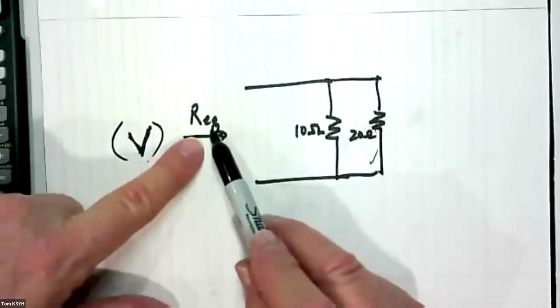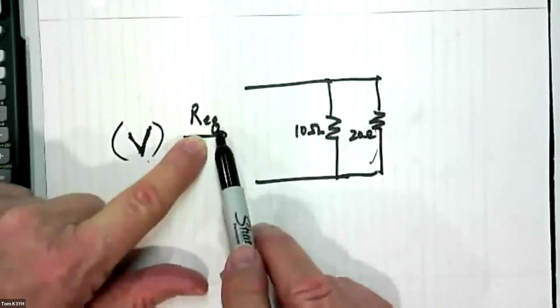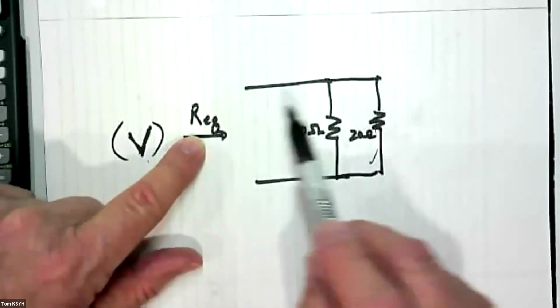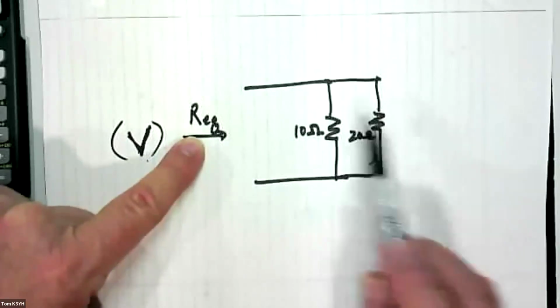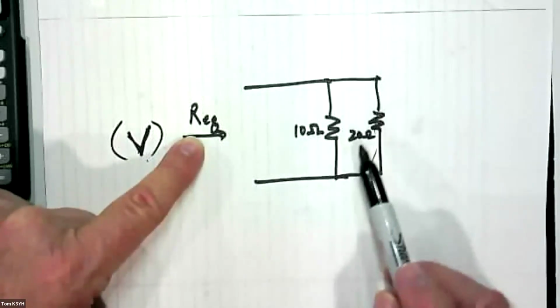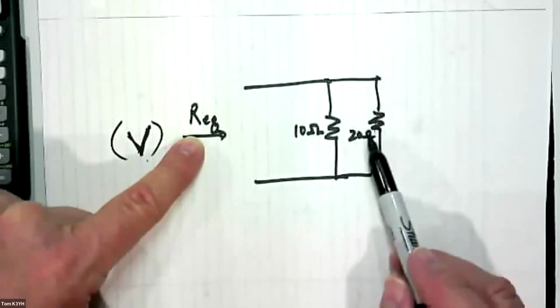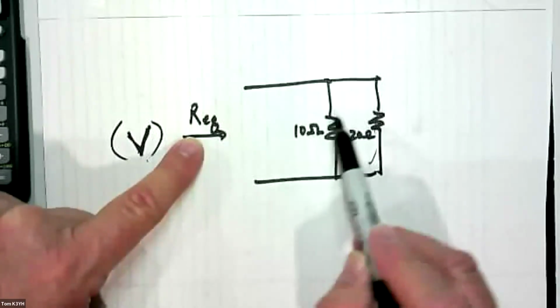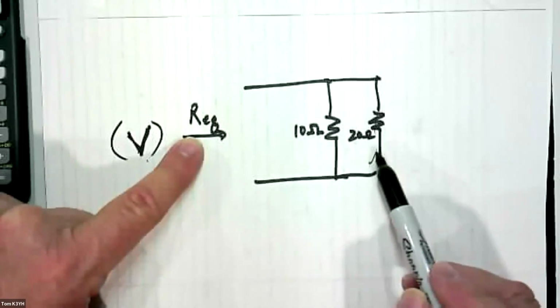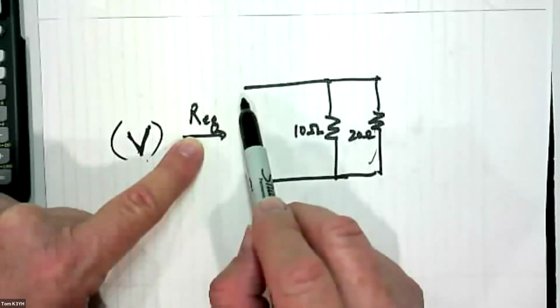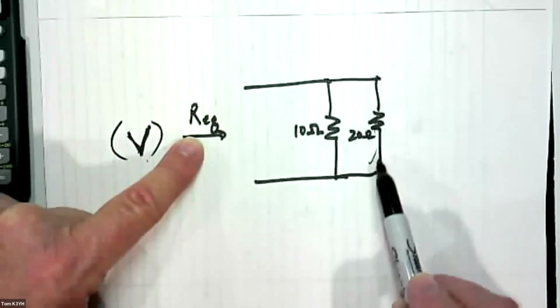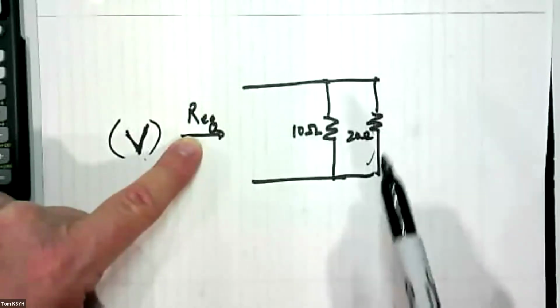So basically the R equivalent is now going to go down because I'm adding more current, or another way to look at it is I'm adding more conductance. It's like going from a single hose and then suddenly putting in 2 hoses. The water in this part of the hose up here on the top is going to have to increase to support the flow through 2 legs at this point.